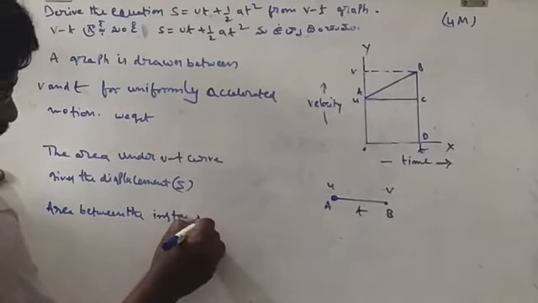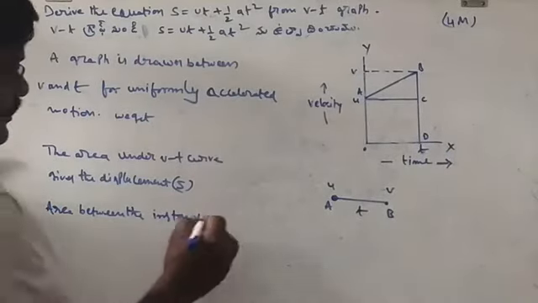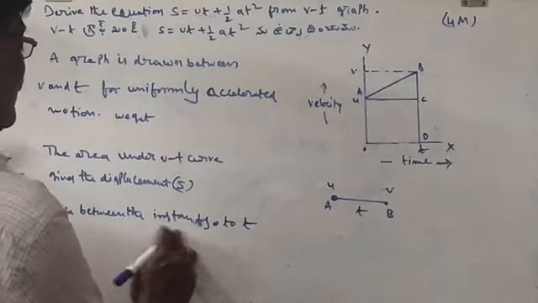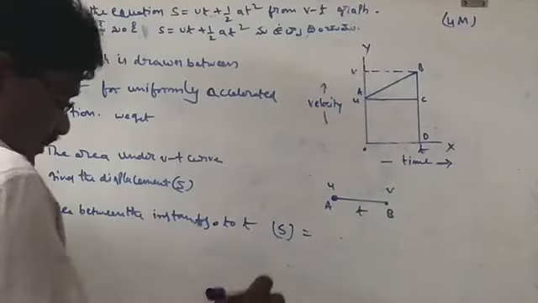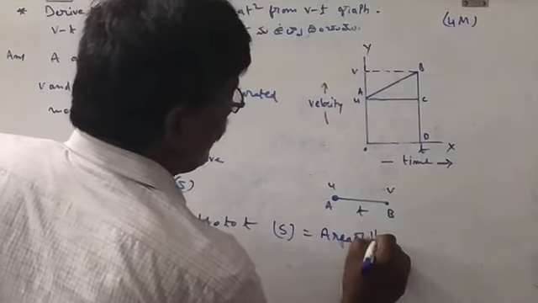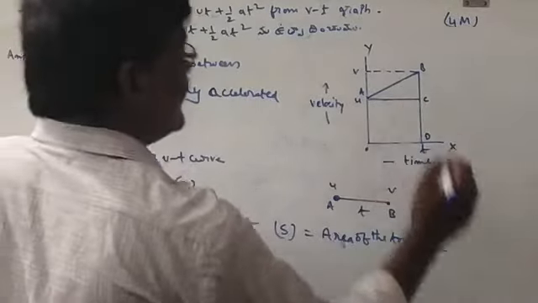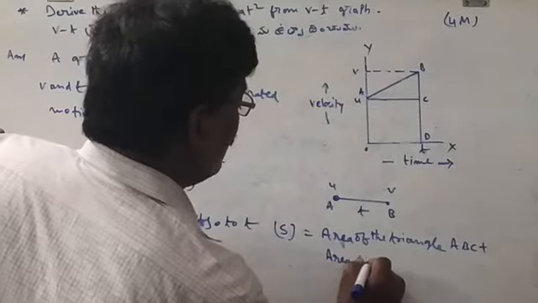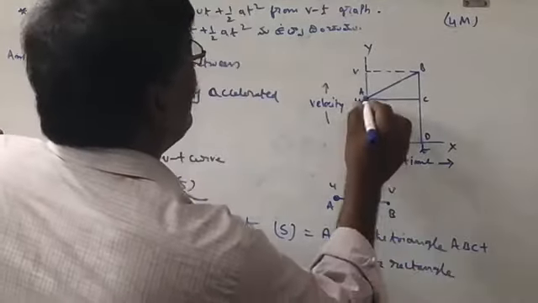Area between the instants 0 to T. That means S is equal to area of the triangle ABC plus area of the rectangle ACDO.